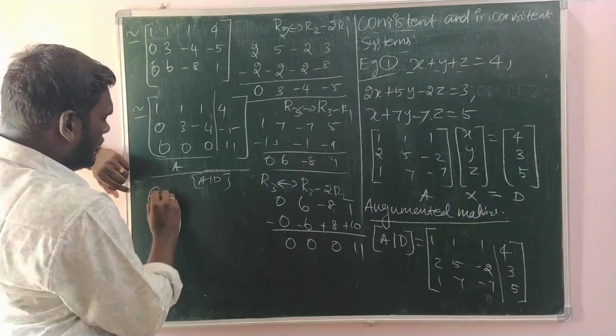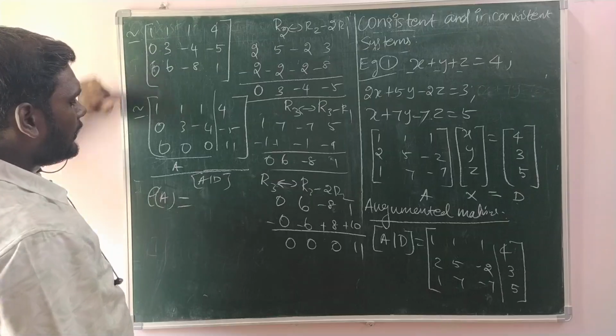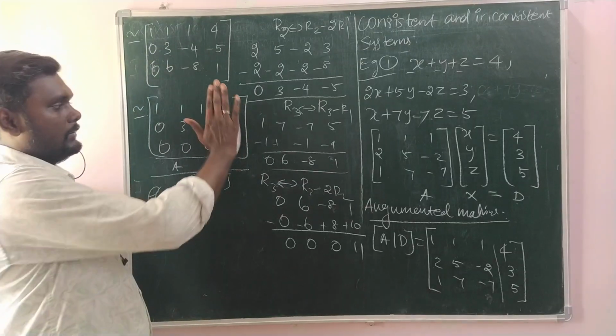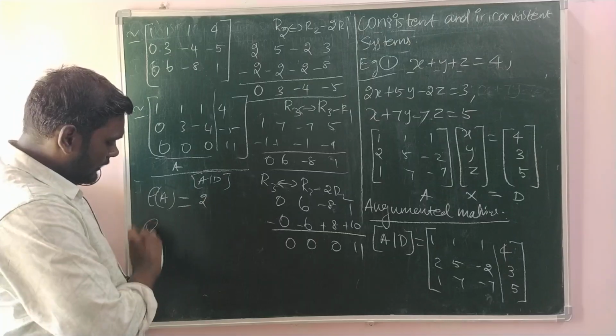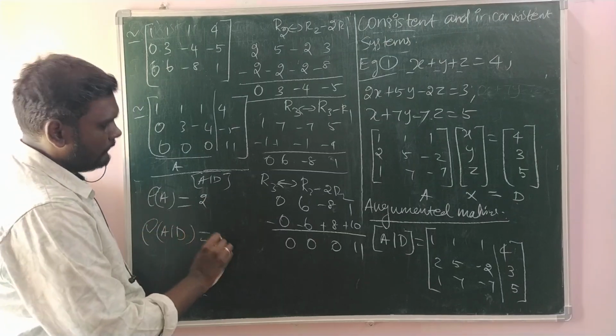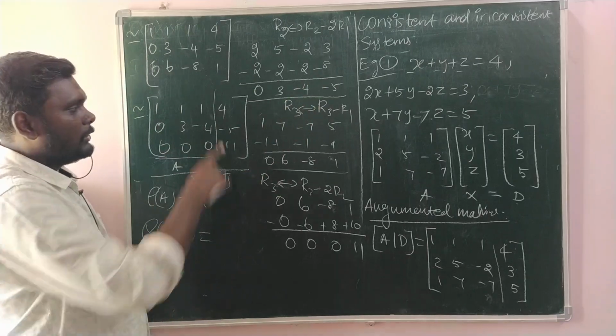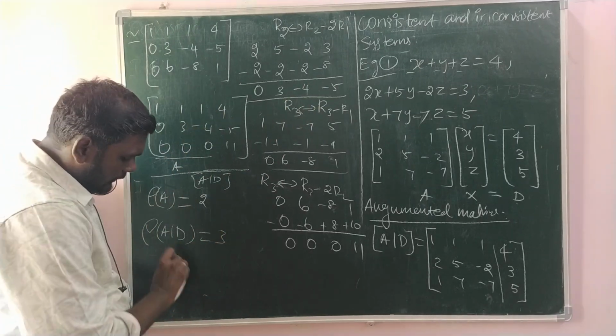Okay. Now rank of A is how much? Rank of A means, listen here, without this, which is 2. And the rank of the augmented matrix, that means fully, without this bar, you should look. 3. Are they equal?